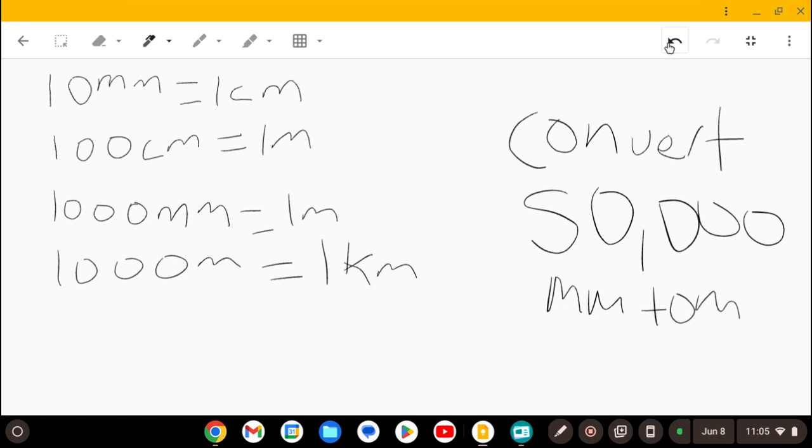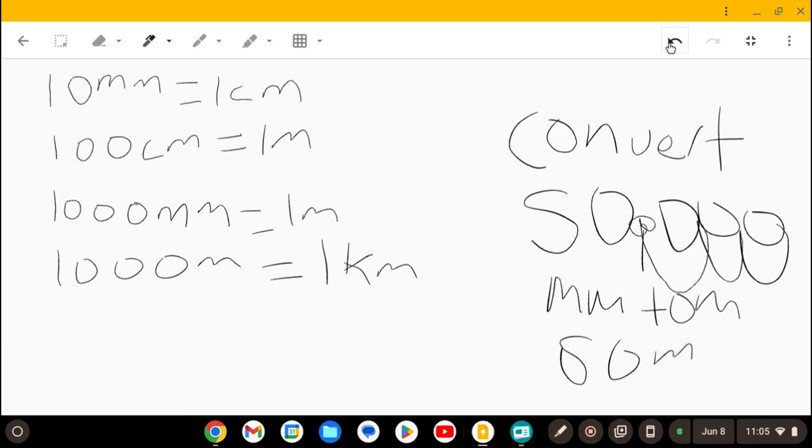And we know that 1000 millimeters make a meter, so we're going to divide by 1000. So this would mean that 50,000 millimeters to meters would be 50 meters.